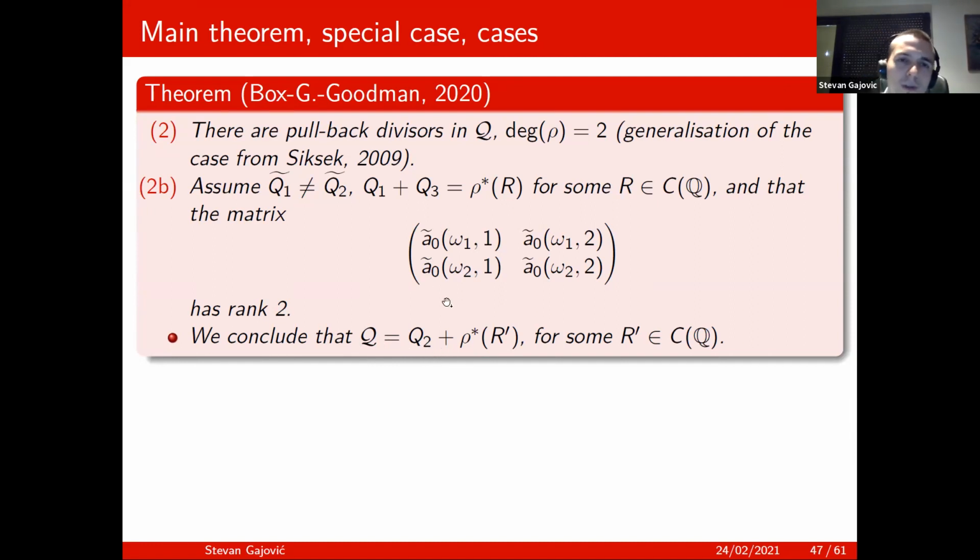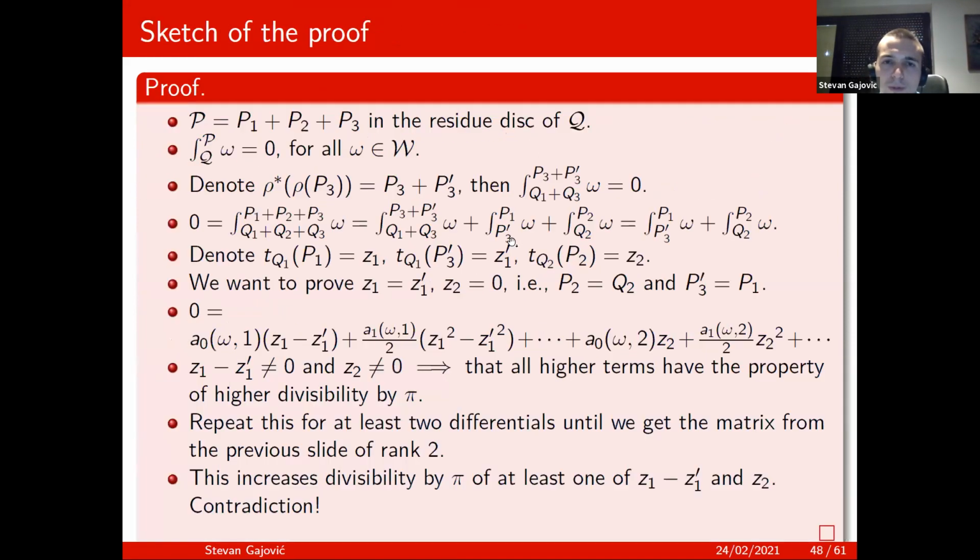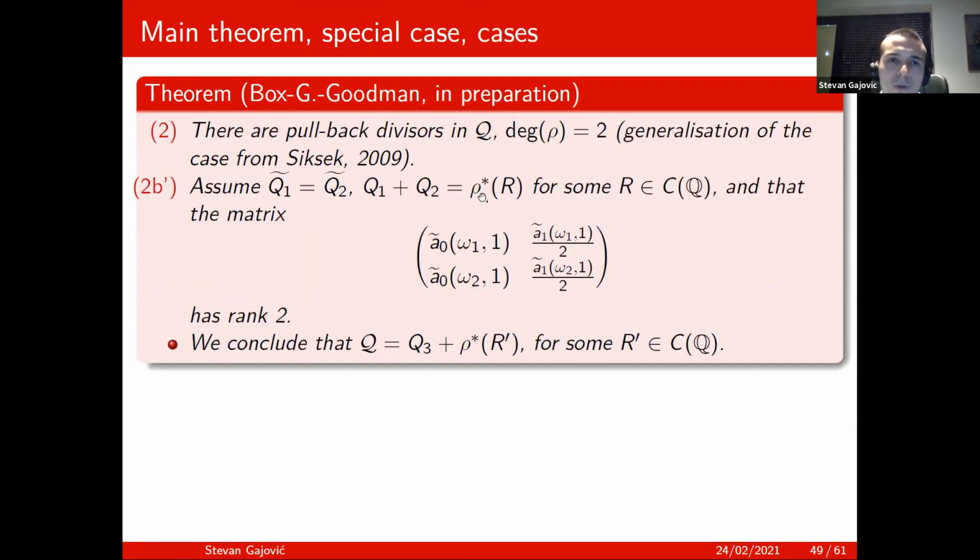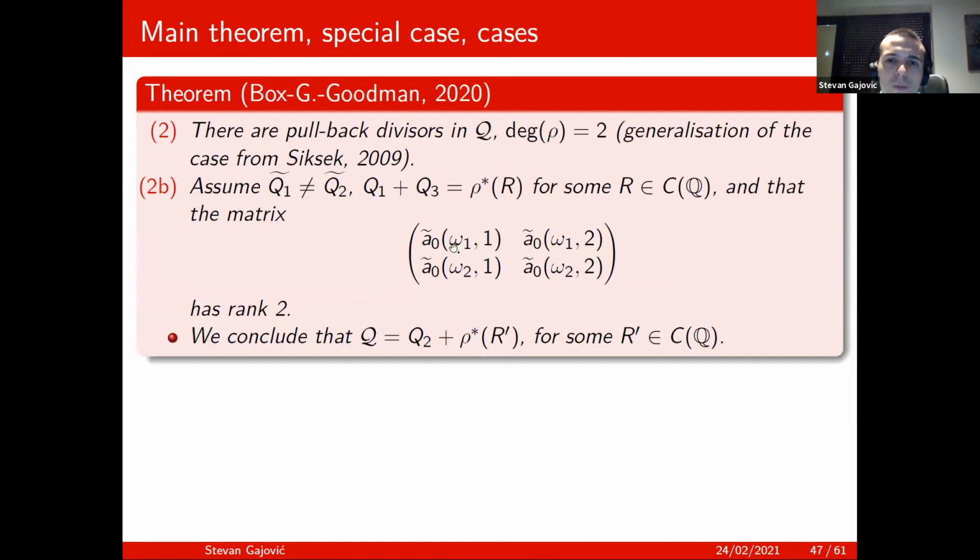So let's recall that we started with a point Q that is Q2 plus a pullback of something, then all points inside of this residue disk have the same shape. And that was the theorem we proved.